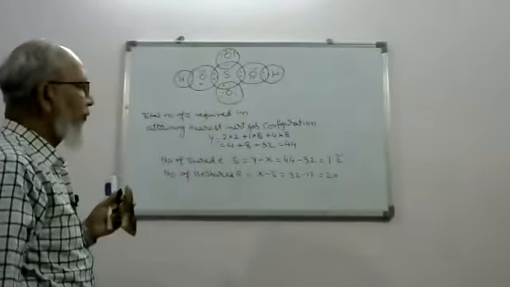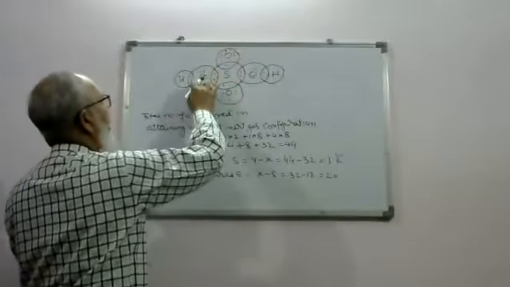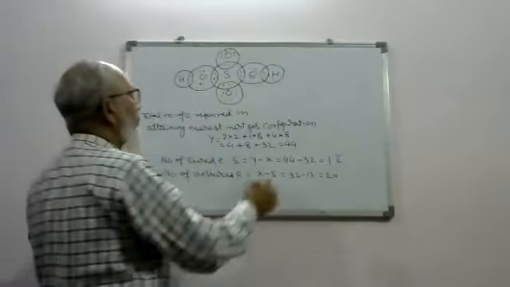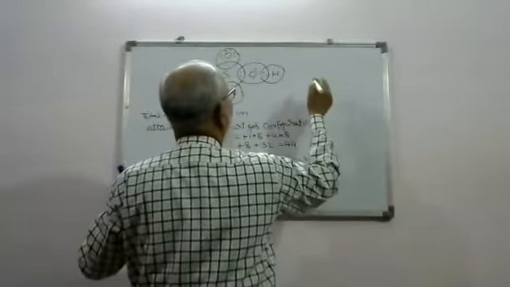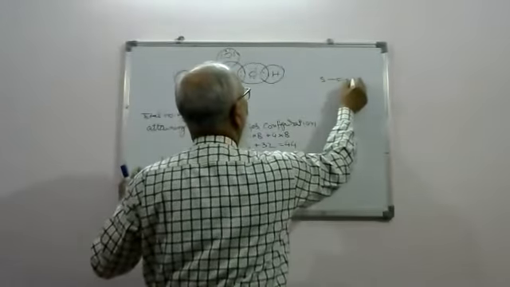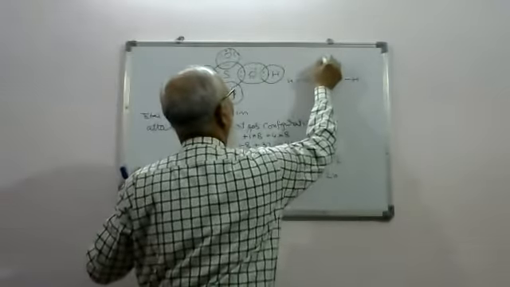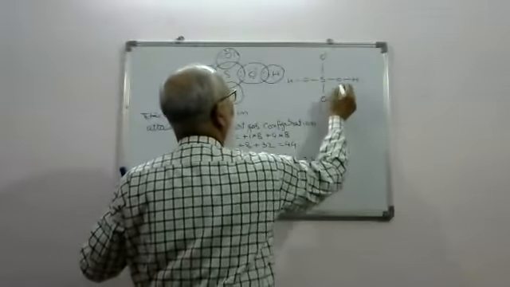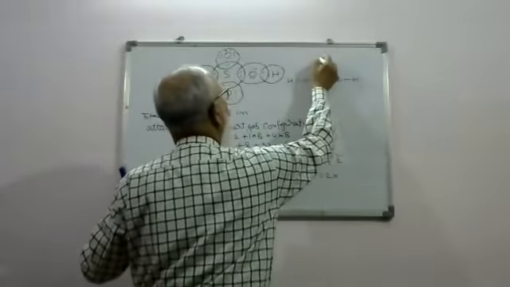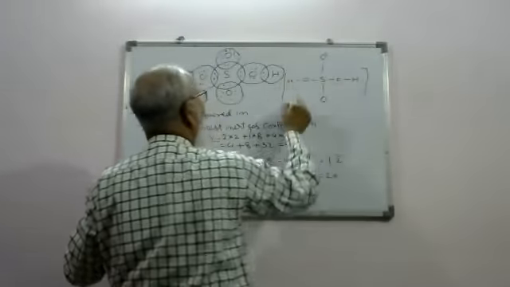Now count the number of unshared electrons: 2, 4, 6, 8, 10, 12, 14, 16, 18, 20. So the dash formula for this compound is S, O, H, O, H, O, O, with 2 lone pairs, 2 lone pairs, 3 lone pairs, 3 lone pairs. This is your H2SO4.